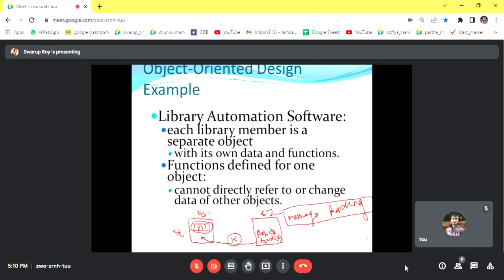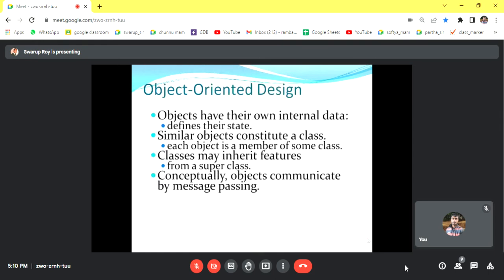Anyway, this is basically called message passing. So in object-oriented programming, objects are communicating with each other via the method called message passing. Whatever I have discussed, you can now correlate with that. Objects have their own internal data, like a stack.